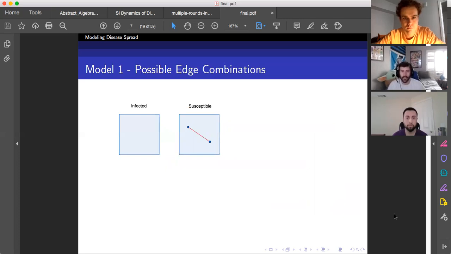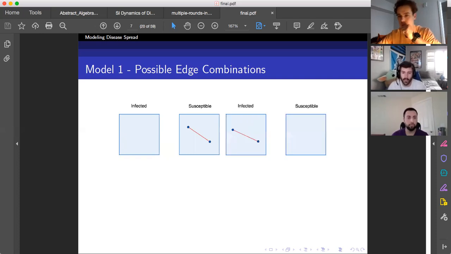Notice in this one, this is what we are going to call an SS combination. Let me restart real quick. Here we have no new nodes becoming infected. Notice how there's 2 susceptible nodes connected to each other. That's not going to result in 1 infected node being created. Same as the next image, where there's 2 infected nodes connected to each other.